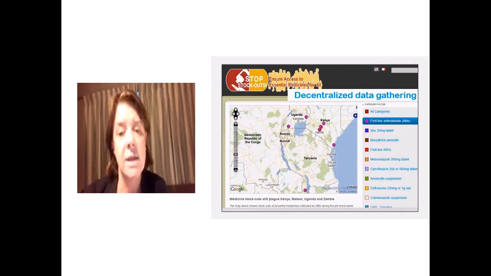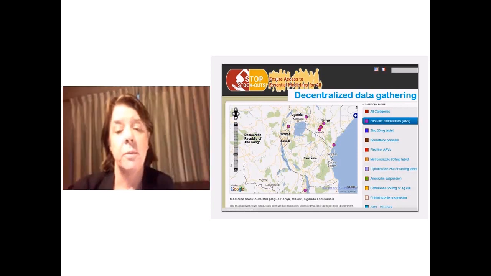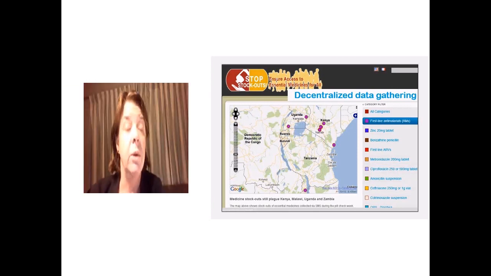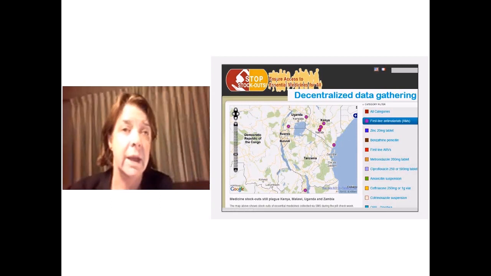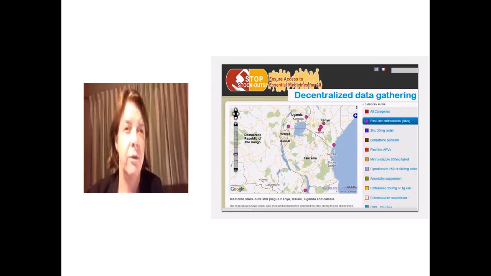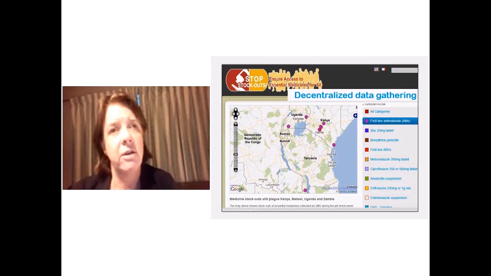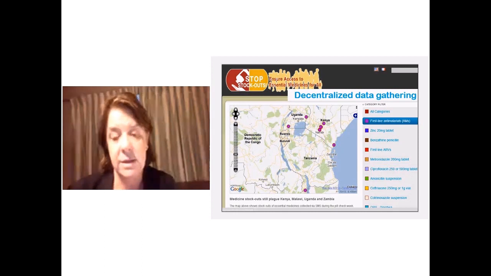This is another study on decentralised data gathering that was looking at the drugs that were available in health clinics, particularly first-line treatment drugs. And so they actually had sent a team out, but they were able to report that on this map, and you could actually zoom down and see where the problems are.